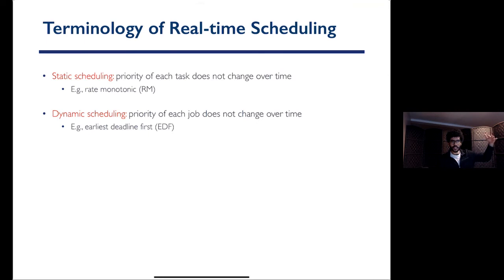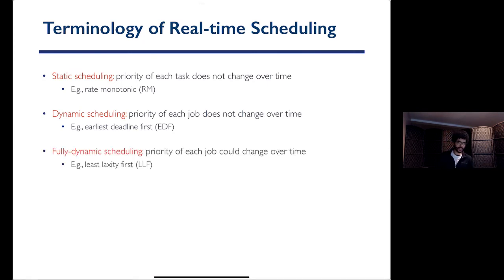With static scheduling, each task gets a fixed priority, and all the jobs for that task basically have the same priority as that task. With dynamic scheduling, we're going to assign different priorities to different jobs, but when we assign priority to a job, it's not going to change over time. So each job gets its priority, and that's fixed. But different jobs for the same task could have different priorities.